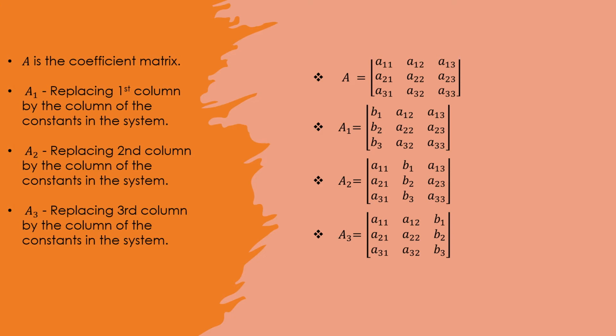With the help of these matrices and their determinants, we are going to find the solution. Cramer's formula uses the determinants of all these matrices to get the values for x1, x2, and x3.